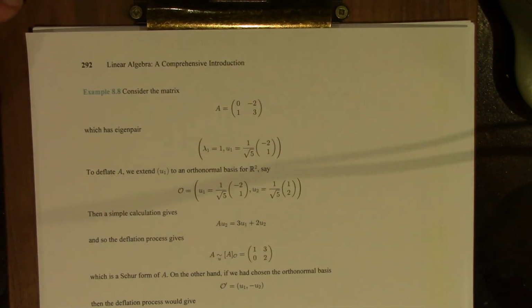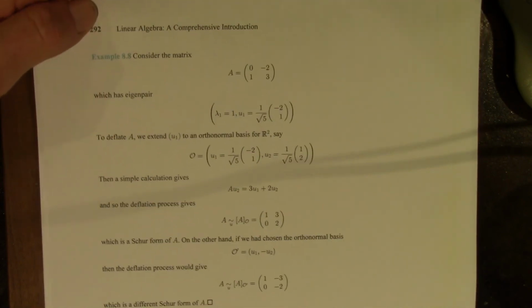That can be done in a lot of different ways, so we get different residual matrices. So there's all sorts of ways in which the process can be implemented and will result in different matrices. And just to be absolutely convincing, here's an example.